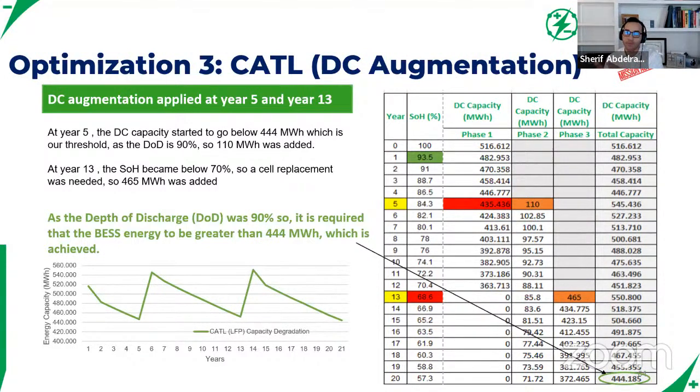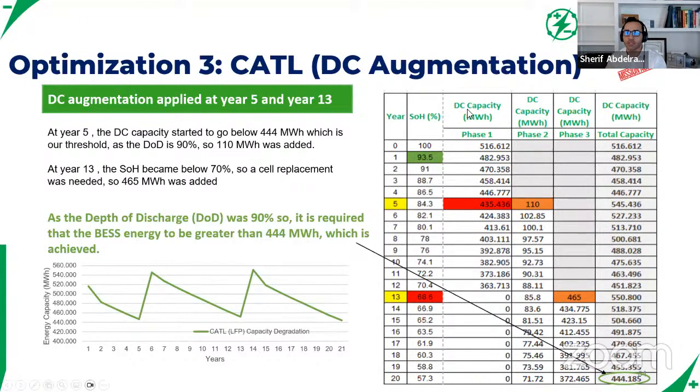So this is accounting for losses between the point of interconnect and the battery terminals, and we're also accounting for the depth of discharge there. So basically 444 is 400 divided by 0.9. That's where this number is coming from. So basically that second rule is the total capacity has to always be greater than 444 megawatt hours in this column, right?